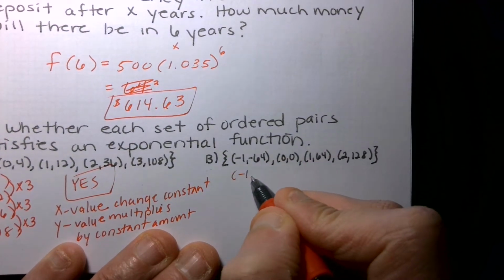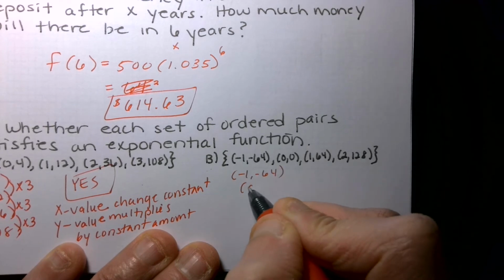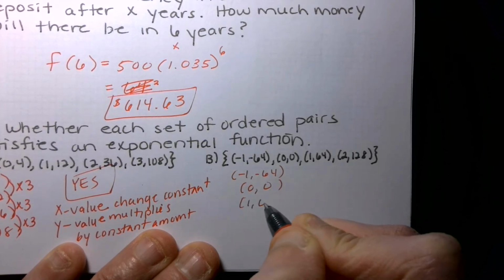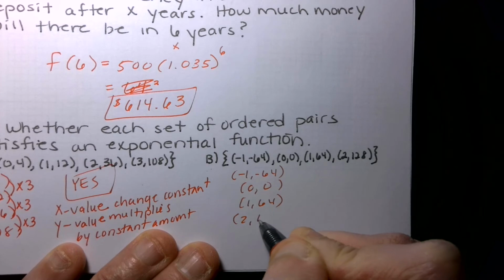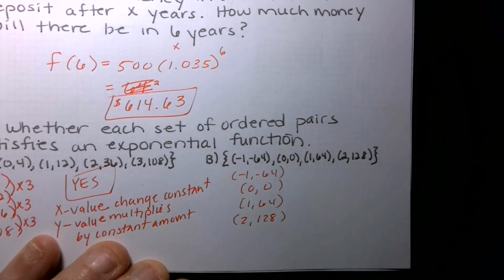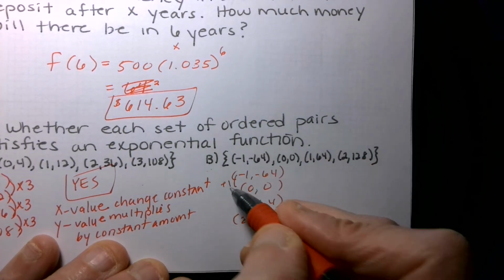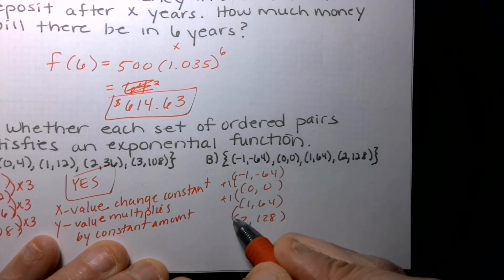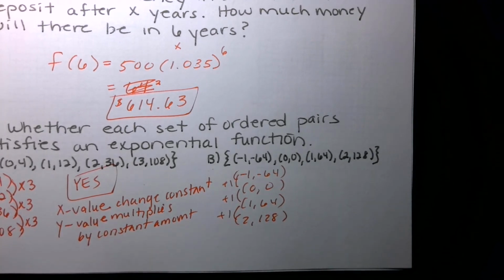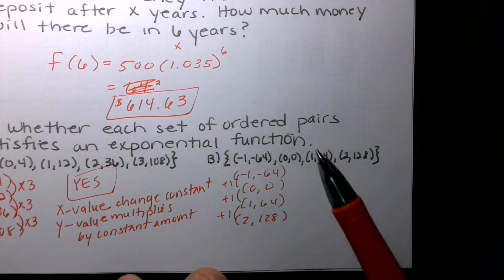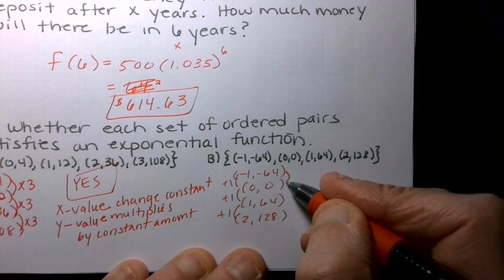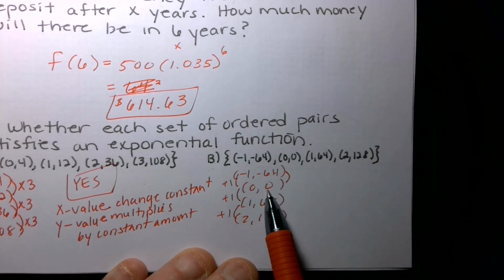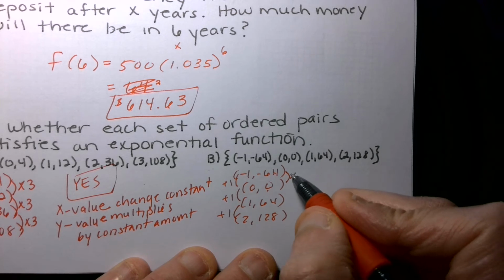All right, -1, -64, 0, 0, 1, 64, and 2, 128. Do a quick check on the left side. +1, +1, +1. Okay, we're all set there. Now, how about here? What would I multiply this by to get this? 0.